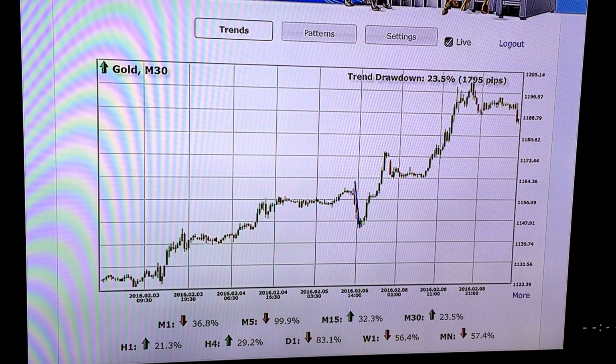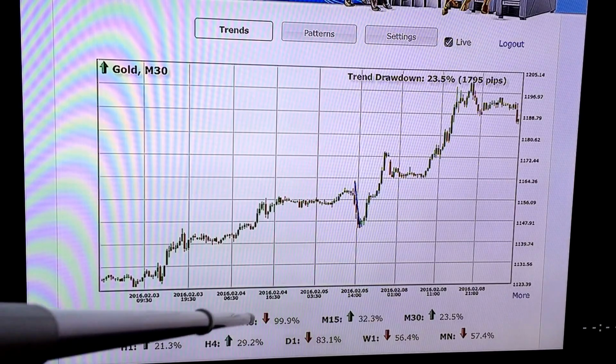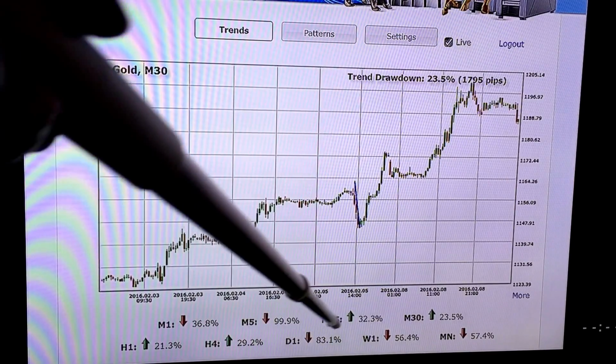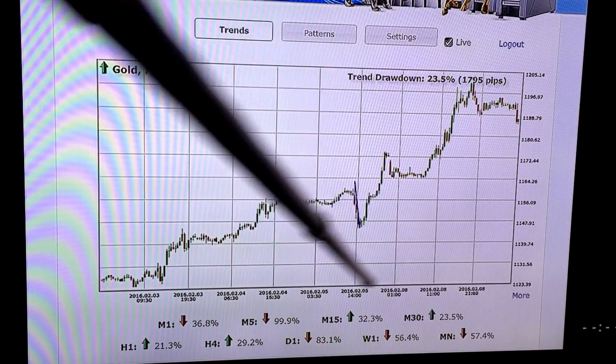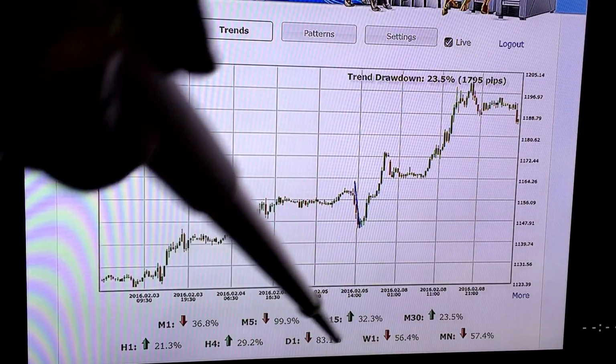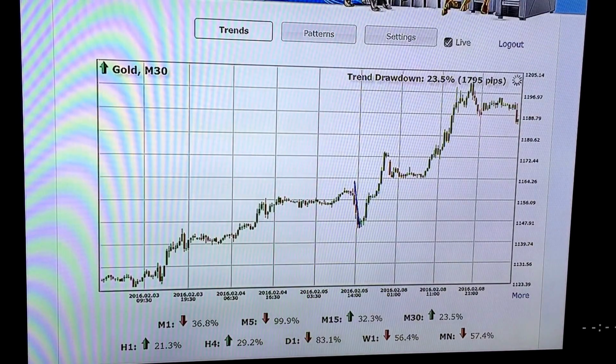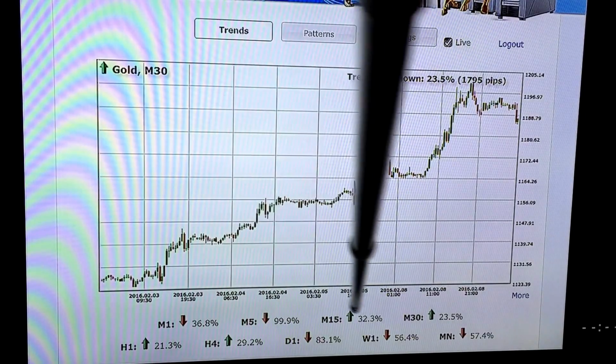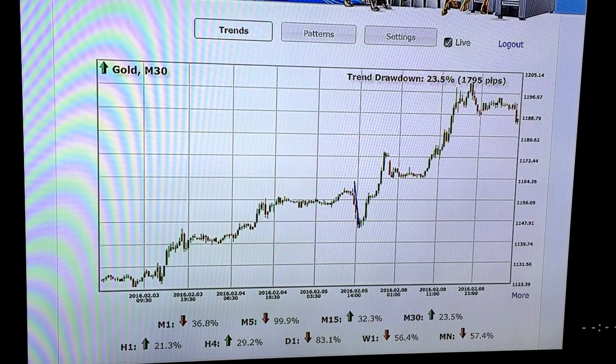And number two, if I am going to enter this gold for this up direction, you understand? Now, what I'm going to do is that while I'm looking at this, 1 minute chart is down, 5 minutes is down, 15 minutes is up, 30 minutes is up, 1 hour is up, 4 hours is up, daily down, weekly down, monthly down. Now, I don't care about the daily, weekly, or monthly.